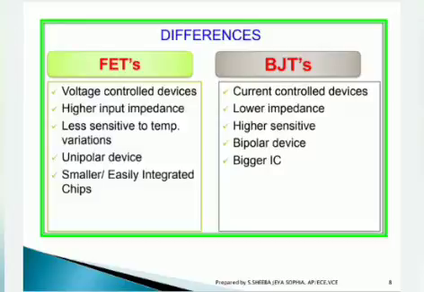FET is a unipolar device, BJT is a bipolar device. FET is smaller and easily integrated into chips. BJTs are integrated in bigger ICs. So now we can clearly know what is meant by FET as well as BJT, and how it differs from the BJT.